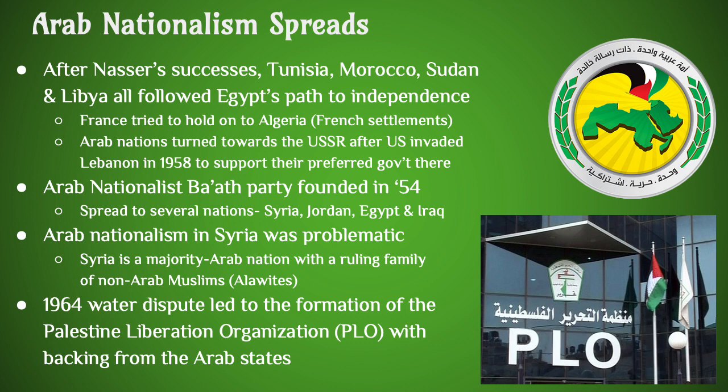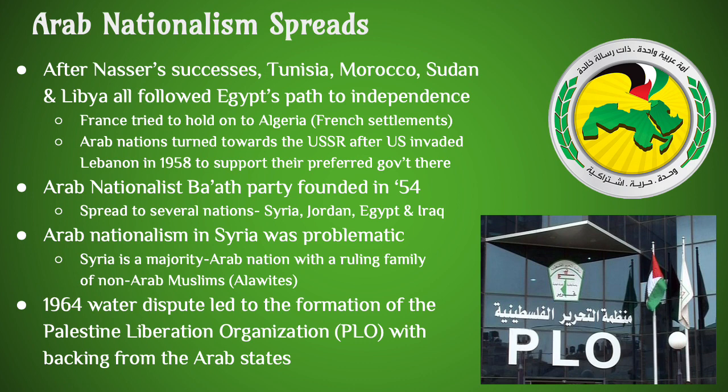After Nasser's success, the other North African nations of Tunisia, Morocco, Sudan, and Libya all gained their independence as well. The one nation where it was a little bit harder was Algeria. France really wanted to hold on to Algeria because there were a lot of French settlements there, but they didn't hold on for very long.